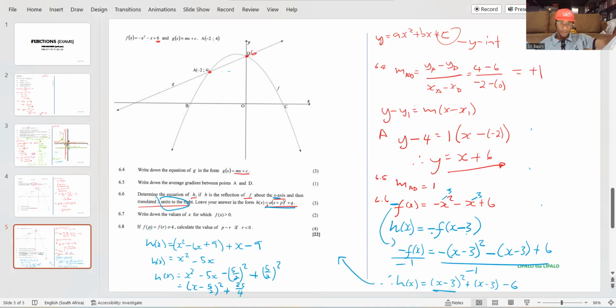Now let's get to the next question. This one is pretty simple, 2 marks. For which values of x is the graph positive? When they say f of x above 0, here is 0 here. Here is 0. This side is negative and this side is positive. So they want where the graph is positive.